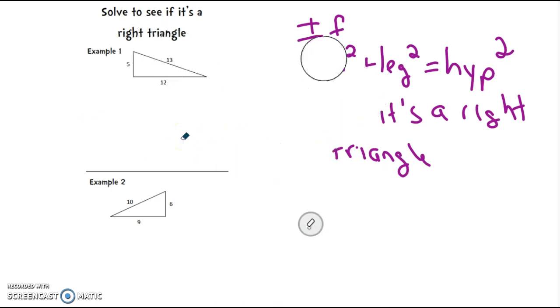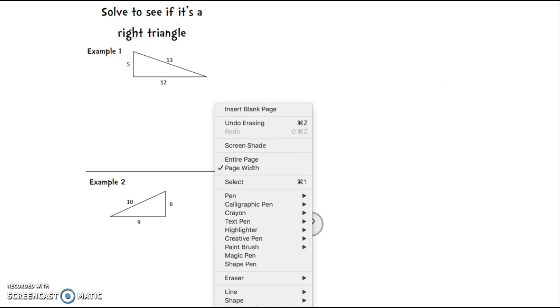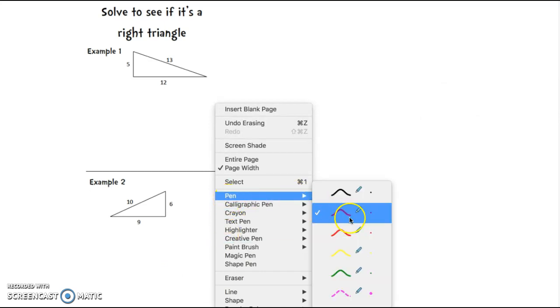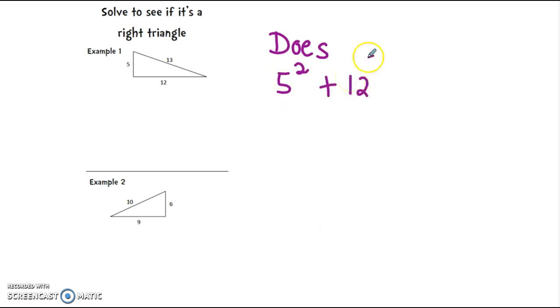So they want to see if these two triangles are right triangles. Well, we're going to have to see, and this is where when I talked about checking equations, this is where it's going to come in. So does 5 squared plus 12 squared equal 13 squared? Remember, we're working down the side.